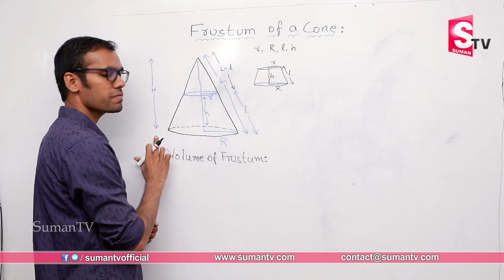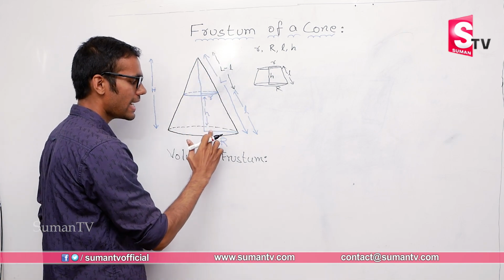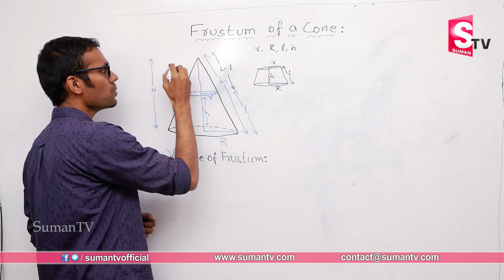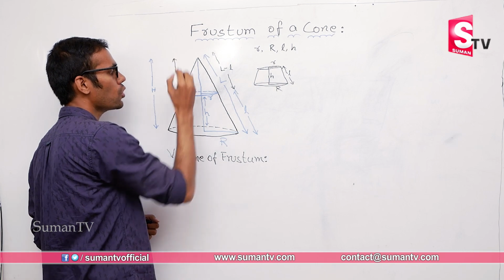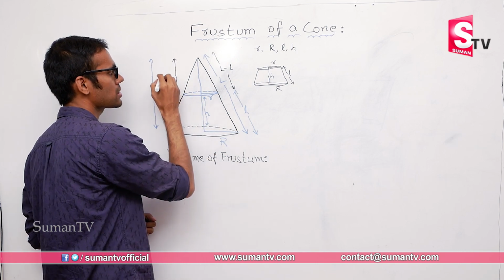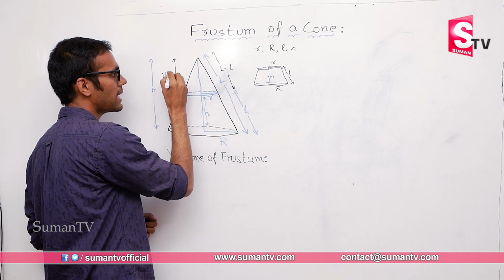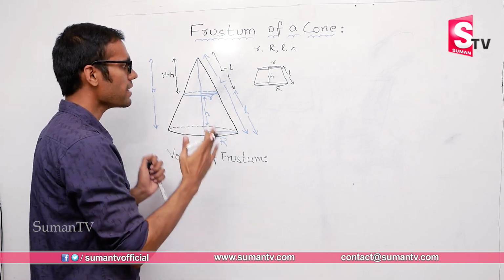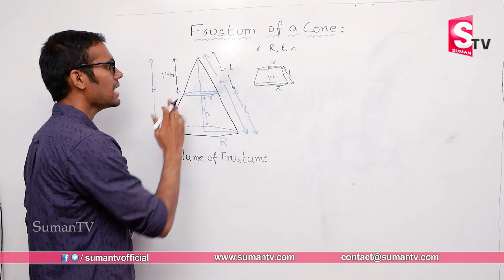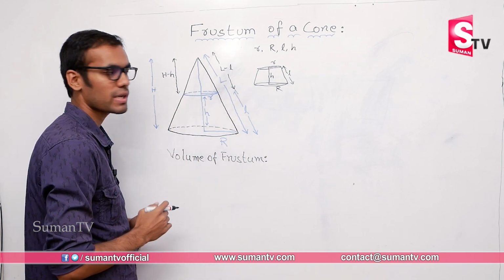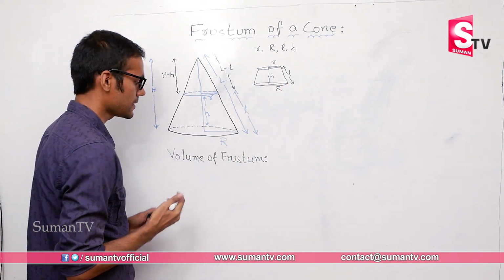The total height of the cone is capital H. The height of the frustum is small h. So the height of the smaller cone will be capital H minus small h. Now we got all the necessary parameters, but we will try to eliminate capital H and capital L because that will not be given in the question.